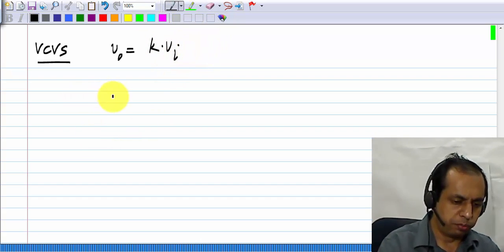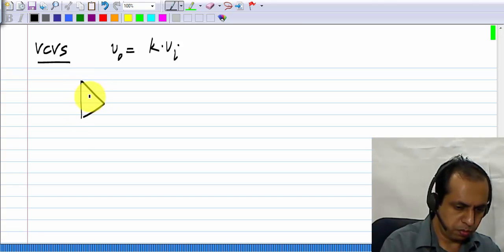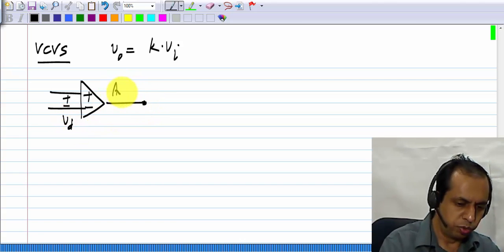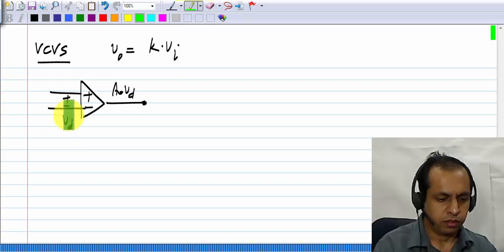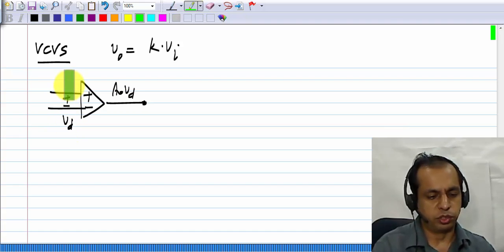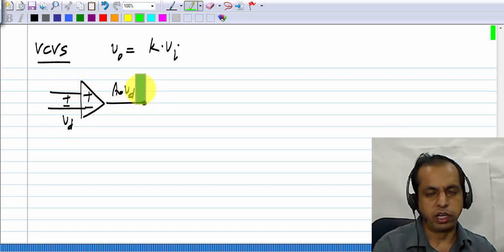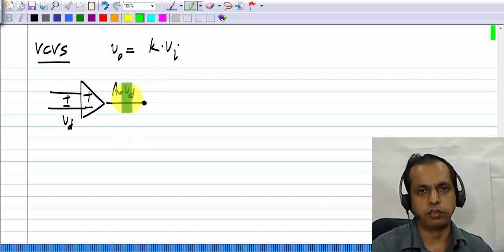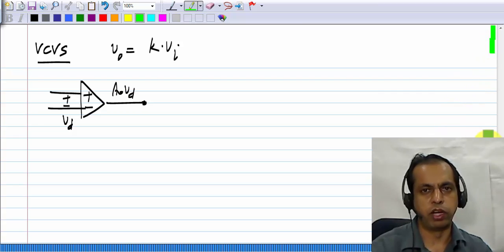Now what does our op-amp do? This voltage is Vd and the output is some A0 times Vd. So if this voltage is small, or if it becomes negative, it drives the output also negative, and if this input voltage is large, it drives the output to large positive values.